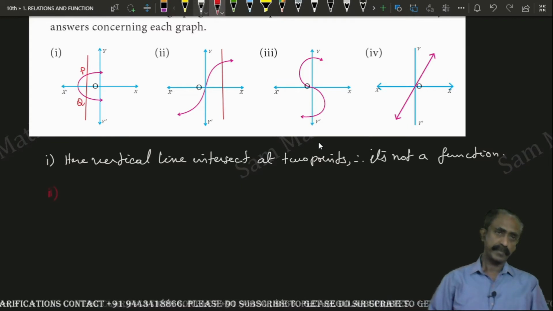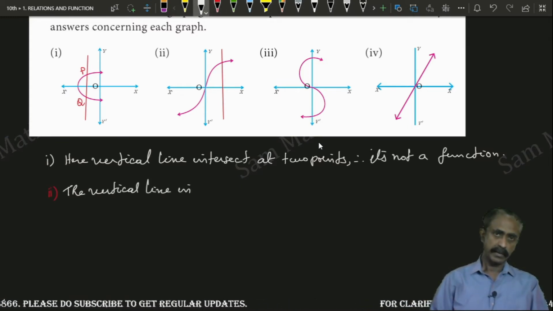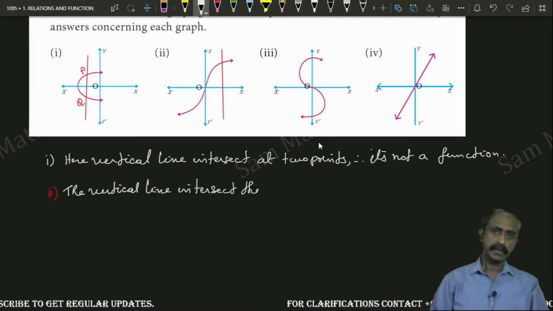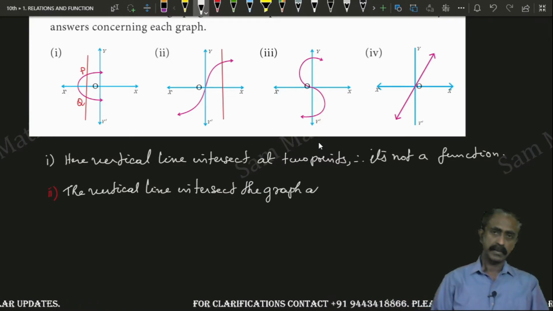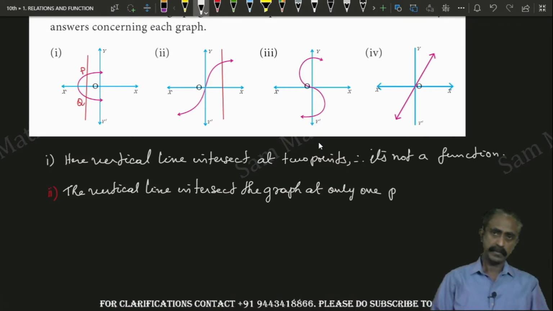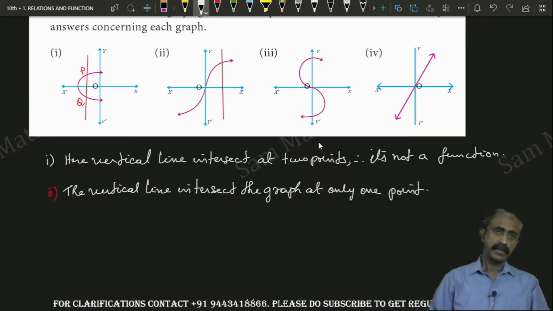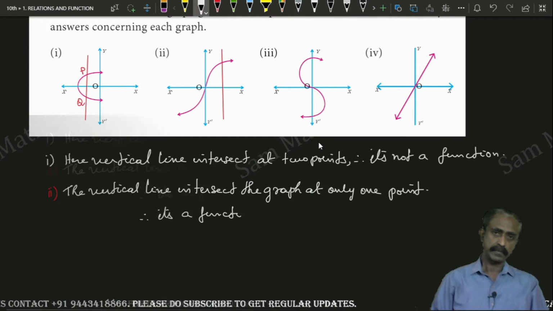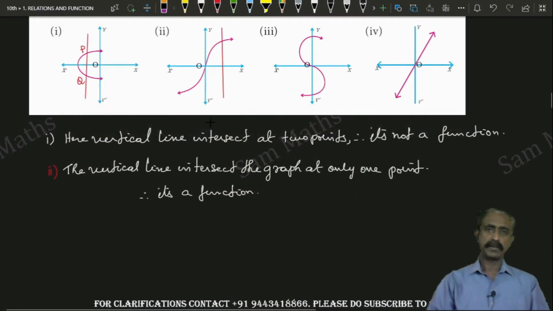Second, the vertical line intersects the graph at only 1 point. Therefore, it's a function.